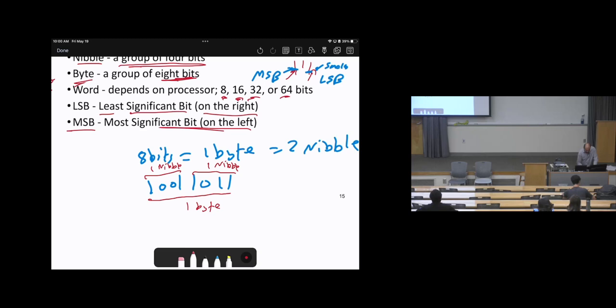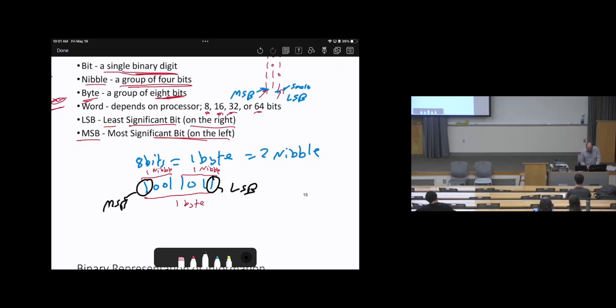Or also we can say this is the most significant bit because it has the largest weight of the digits. This is the least significant bit. Okay? Clear? You should memorize these definitions. This is very important. And since it's 1 byte, if I assume an 8-bit processor, then we can say this is a word. So this is 1 word.